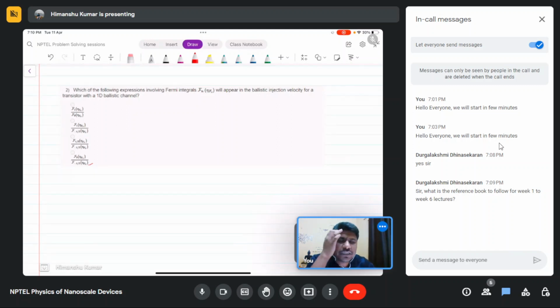In that, for band structures and other topics, you can follow Advanced Semiconductor Fundamentals by Robert Pierret. I think it's Pearson publication. And another book you can follow is Fundamentals of Nanotransistors by Mark Lundstrom.